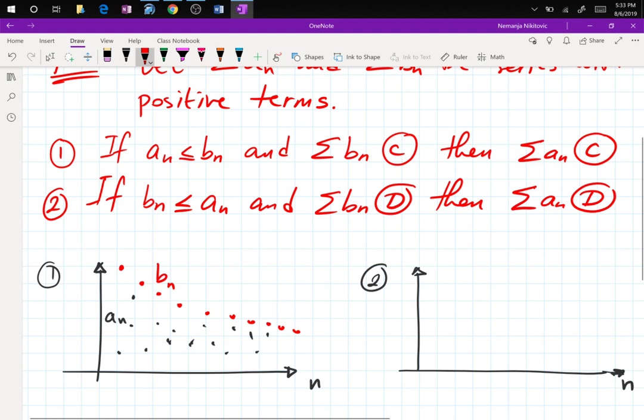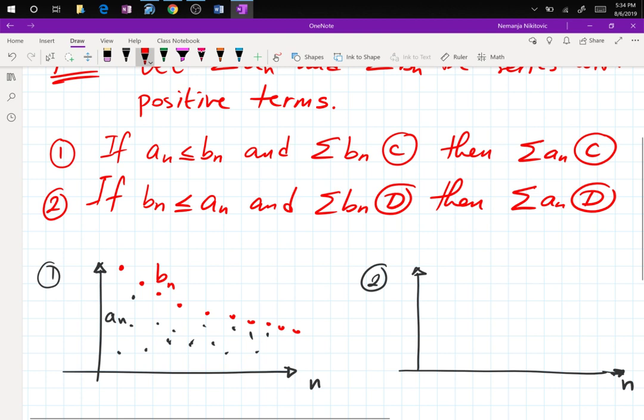An is always in between the x-axis and bn. So it's squeezed in between. So what's happening now is that the an, which we don't know whether it converges or diverges, is squeezed between the convergent series on top and the 0, which is the x-axis on the bottom. And it has to converge, right? Because it's kind of funneled into convergence.